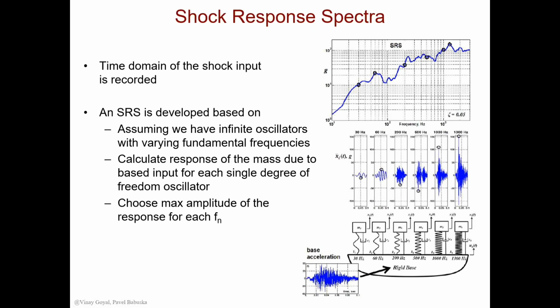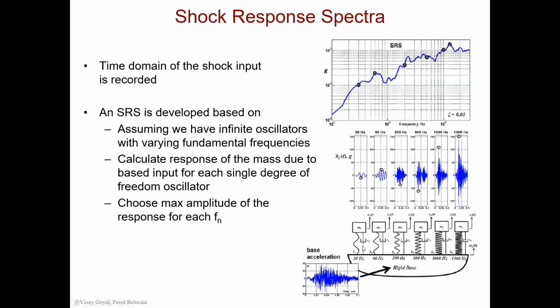Another approach is based on the SRS, and it was developed for earthquake analysis in the 1930s. The way it works is that you consider several or many single degree of freedom systems, and you can see them all here.